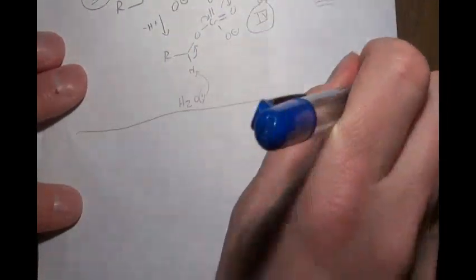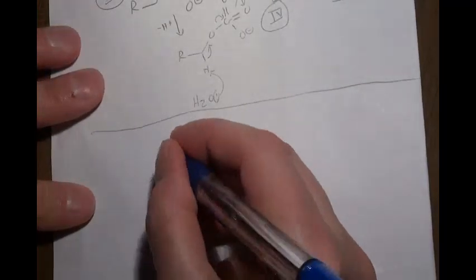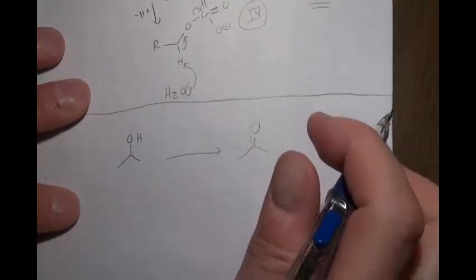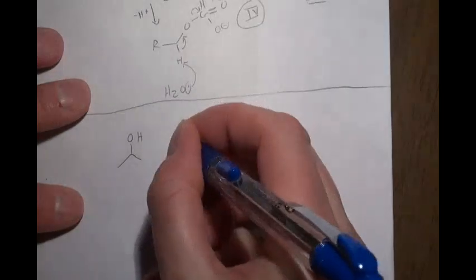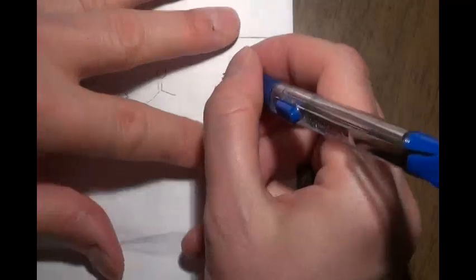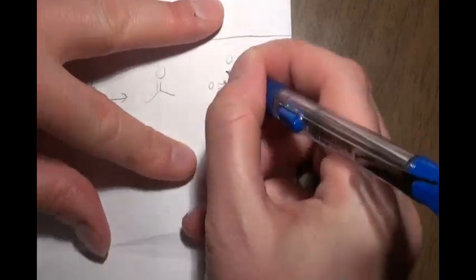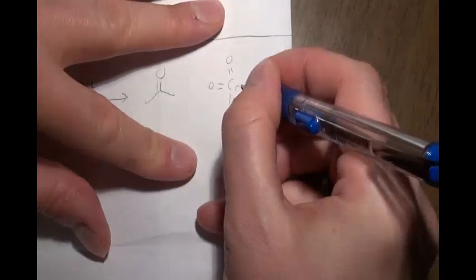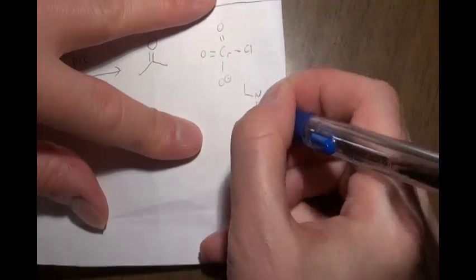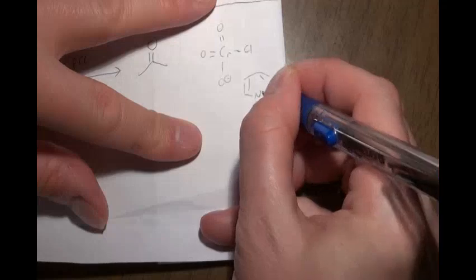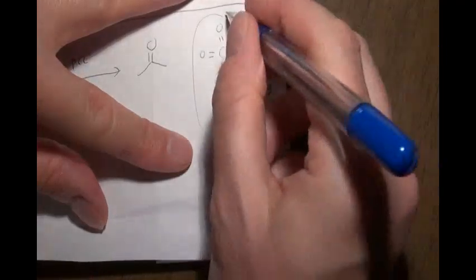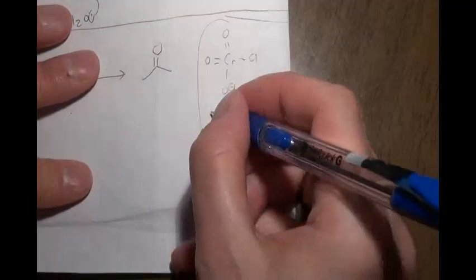Another side note: if you have a secondary alcohol or something and you want to go to a ketone, what's the oxidation reagent for that? You should know it. It's 3 letters. It's PCC, right? PCC. Structure of PCC is chromium, PCC is this whole thing, right?